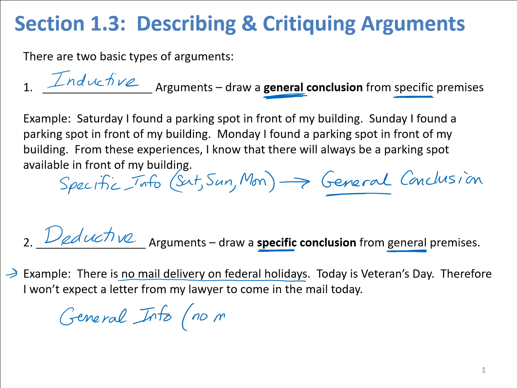No mail on holidays. Okay, so all holidays. And then we're told that it's Veterans Day. Today is specifically Veterans Day, and we draw the specific conclusion that we will not get mail today. No mail today.